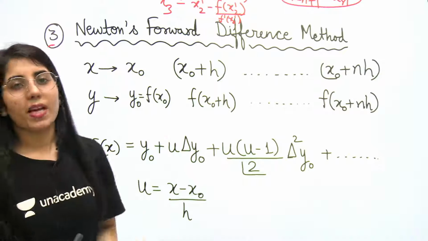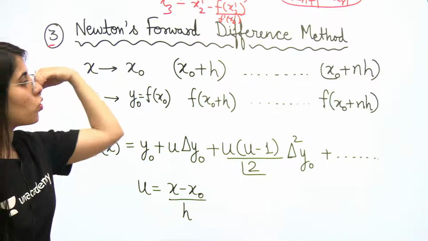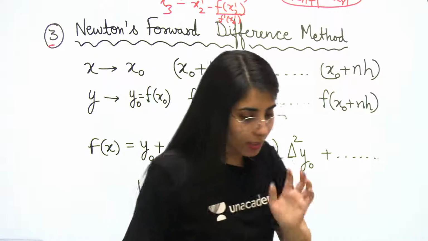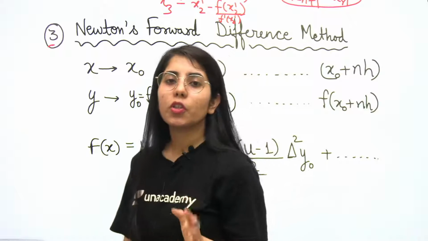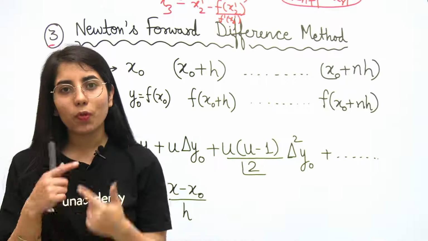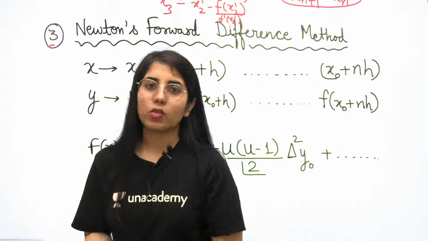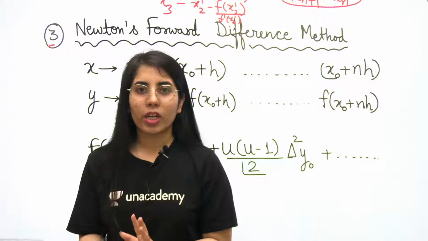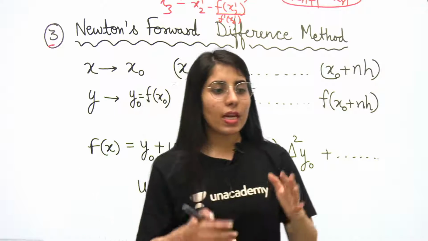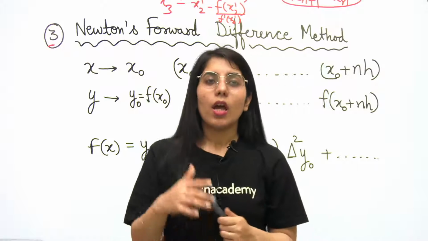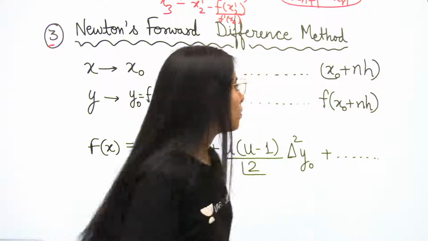Newton's forward difference method. Now, what is this method, where will you use it, what type of questions can you expect from this part? This is the first thing we need to consider here. The type of question you will get is that they will give you a list of x values, like a table, and they will also give you the f(x) values corresponding to that. So a table has been given in which the x values and the f(x) values are mentioned.